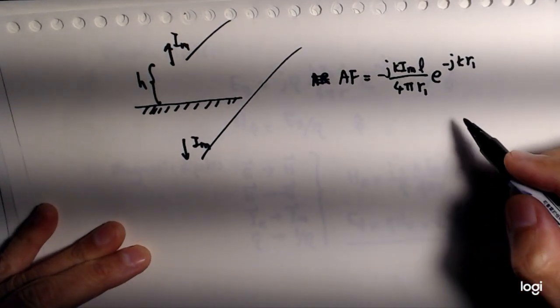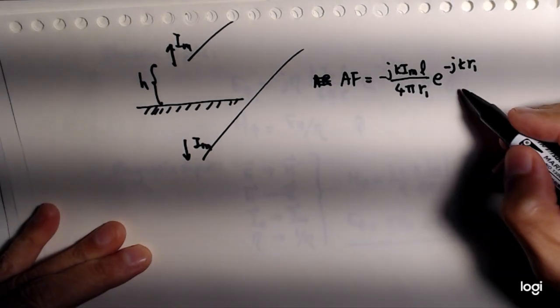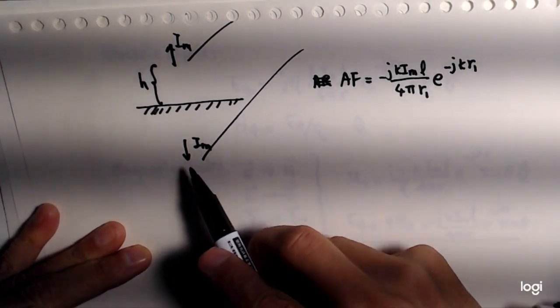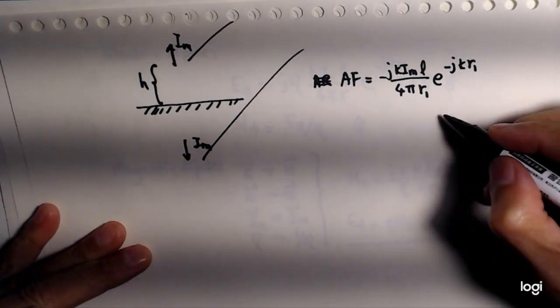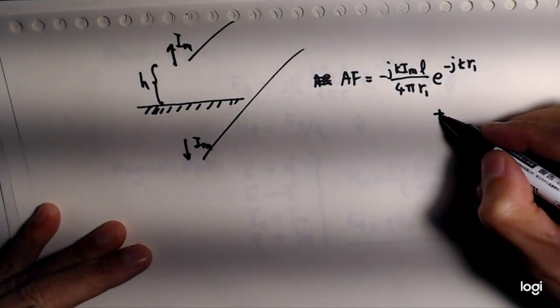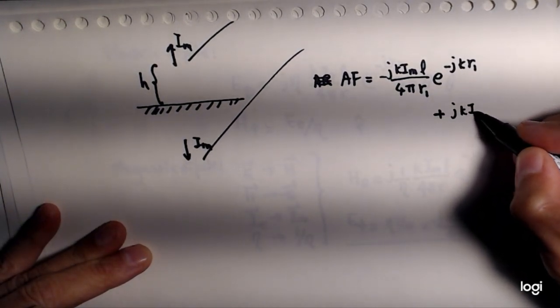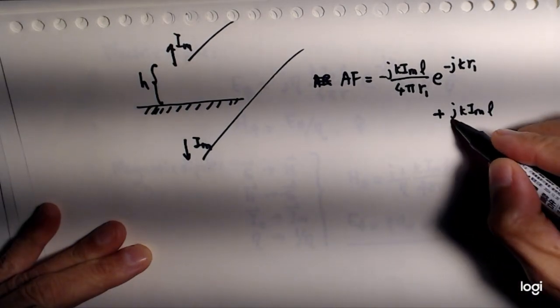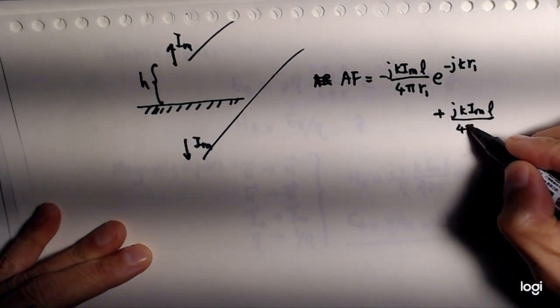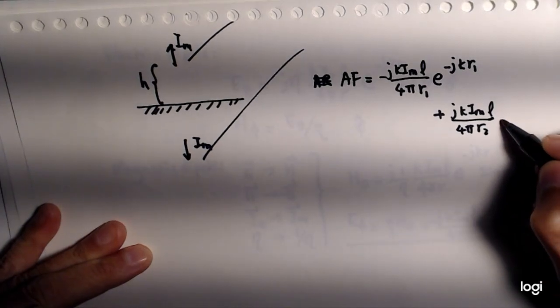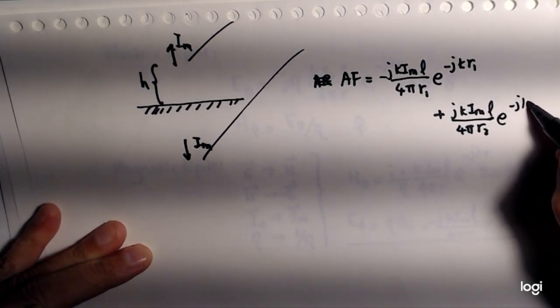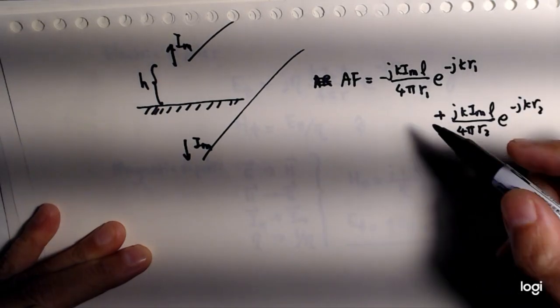The other antenna will be in the opposite direction, so it's fair to say plus j k I m L over 4 pi r2. So this is what I think.